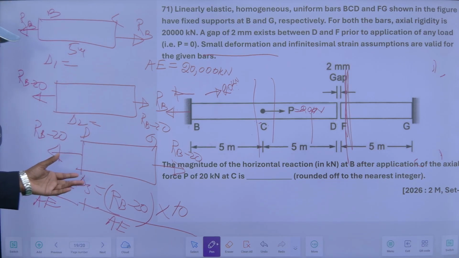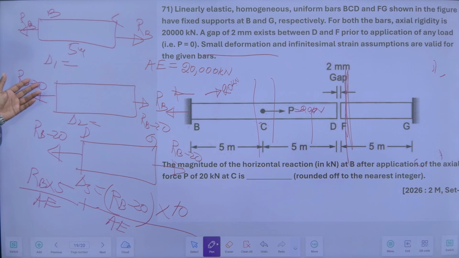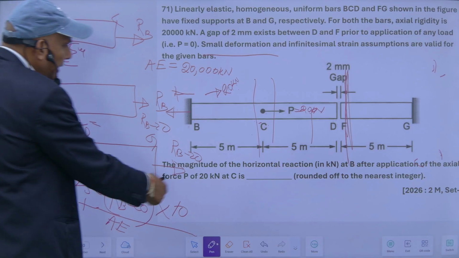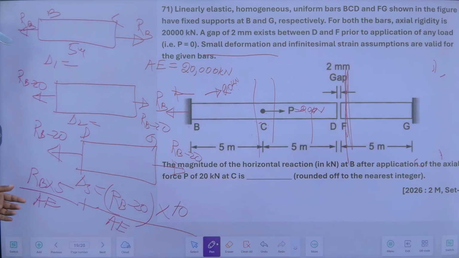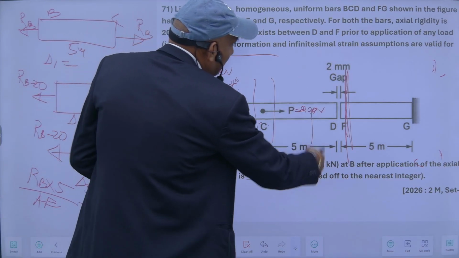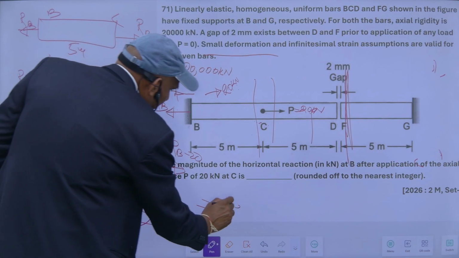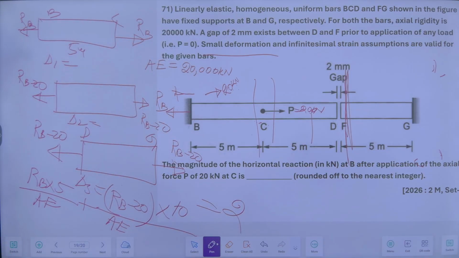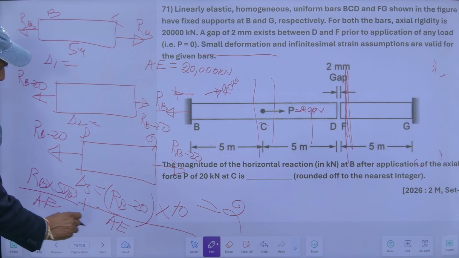This plus this you can say, this force is same, so you can take RB minus 20 into this length, this is 5 plus 5, so it's 10. This will give the total displacement, and that total displacement of this plus this, that should be equal to 2 mm. Now this is in meter, so you can multiply it by 10 raised to the power minus 3.